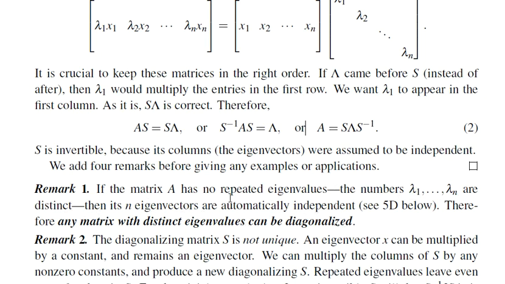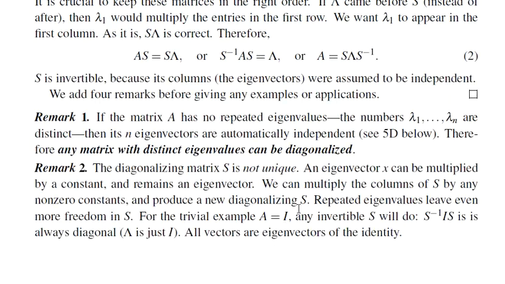But the things may not be the same if the roots are repeated. In those cases we may not have linearly independent eigenvectors, then the diagonalization may not be possible.